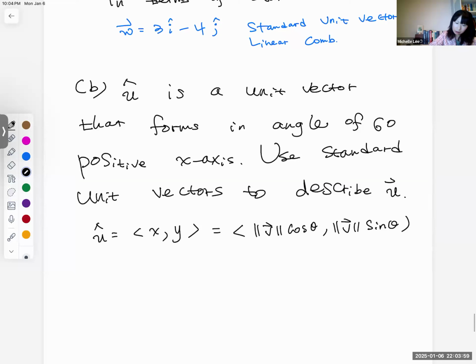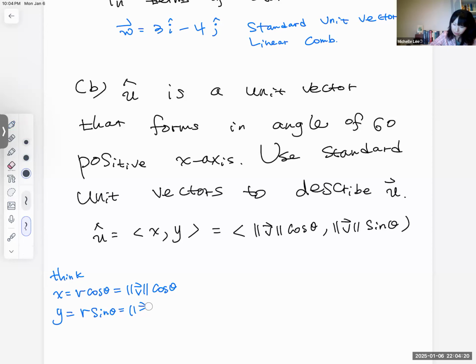So let me denote it: cosine theta, sine theta, with the vector notation.